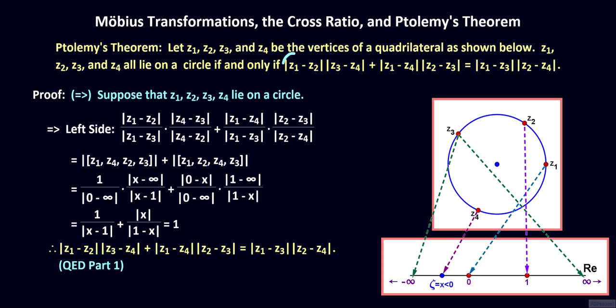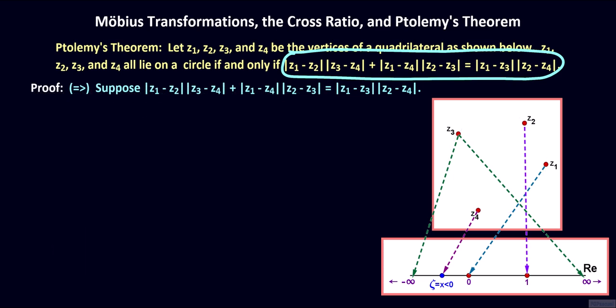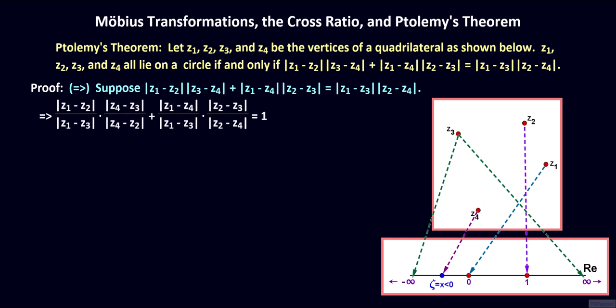We now assume that this equation of the absolute values is true, and we prove that the four vertices lie on a circle. We had already seen that this equation is equivalent to this equation. We again use the Möbius transformation M, where M of z1 is 0, M of z2 is 1, and M of z3 is infinity.